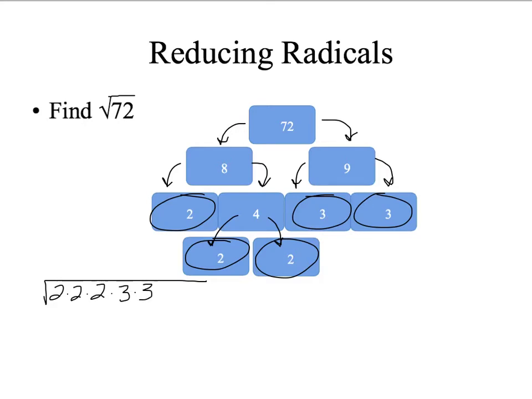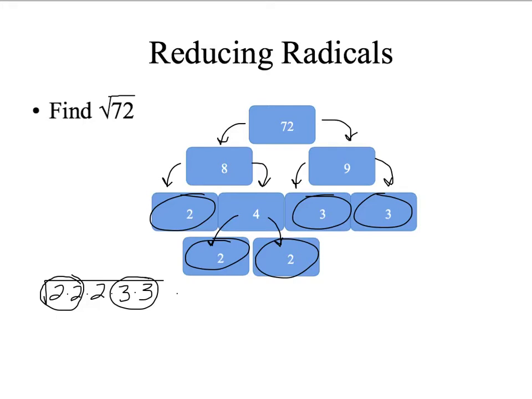Take a moment with your calculator. Multiply three 2s together and two 3s together. Make sure you get 72. You should. No problem. So we know that if we find number pairs under here, those form perfect squares. And the square root of a perfect square is a rational number.